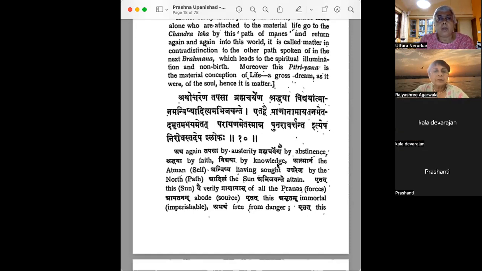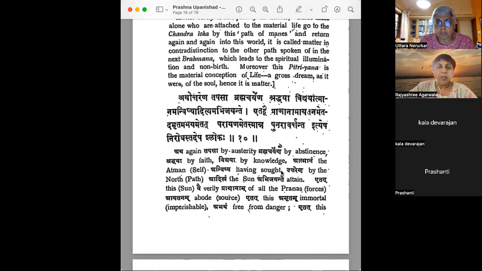Etad vai prananam ayatanam, etad amritam, abhayam, etad parayanam, etasmat na punaravartante. Yeah, so this is the people who are following the path of the Tap, Brahmacharya, Shraddha and Vidya, which is like the sun moving in the Uttarayan or on the Devayan track, right? The previous verse talked about the people who go to the Dakshinayan and they are reborn.